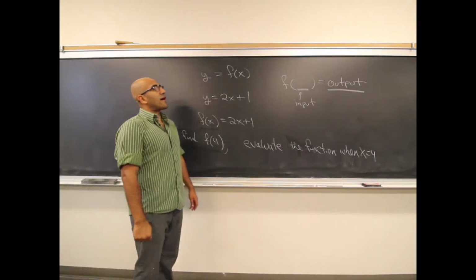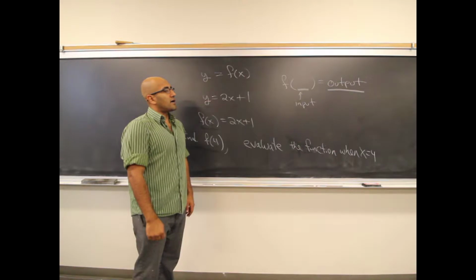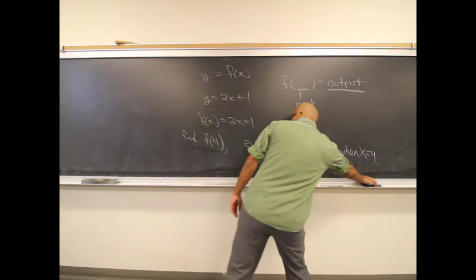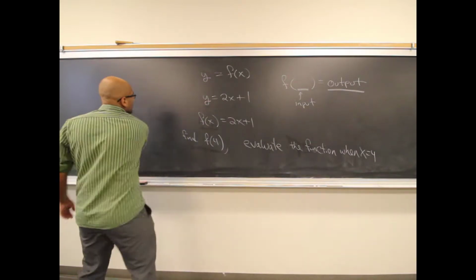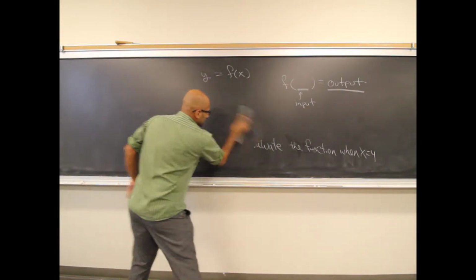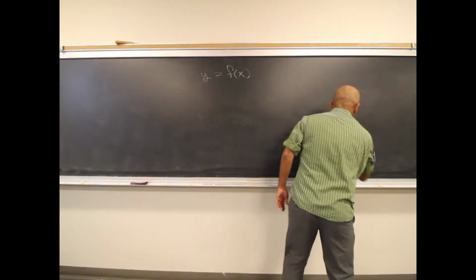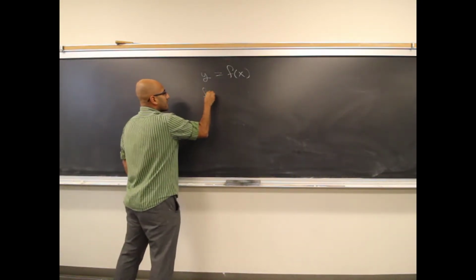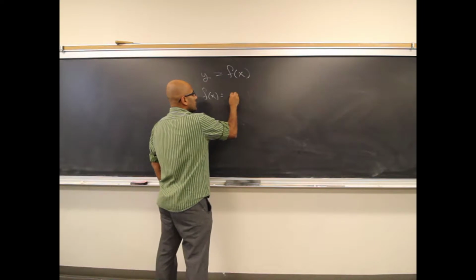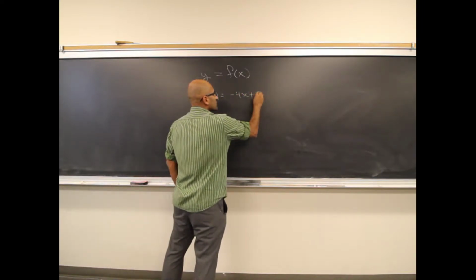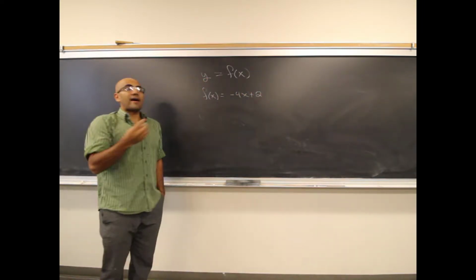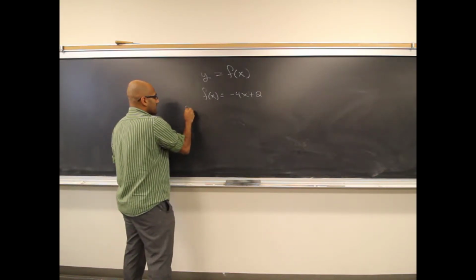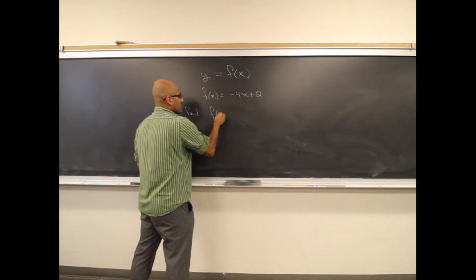For instance, evaluate f of x given as negative 4x plus 2 at 5. If we are given f of x equals negative 4x plus 2, and they want you to evaluate it at 5, that's the same thing as asking you to find f of 5.